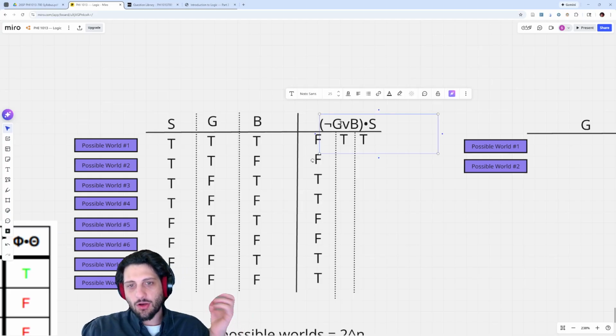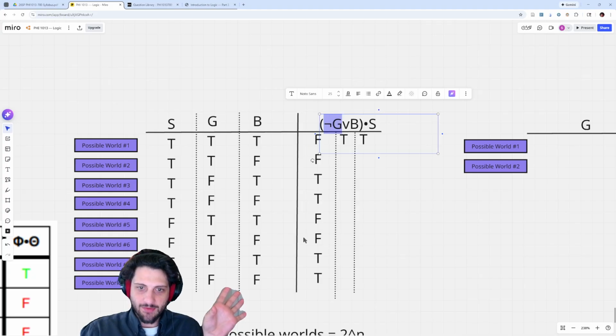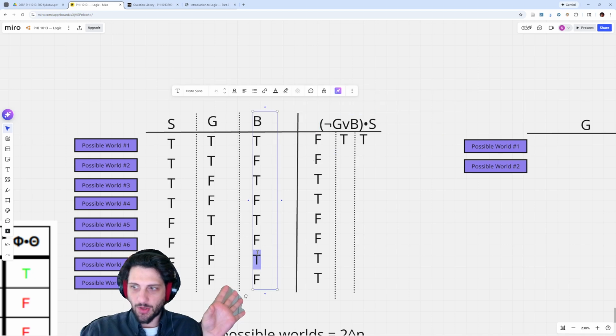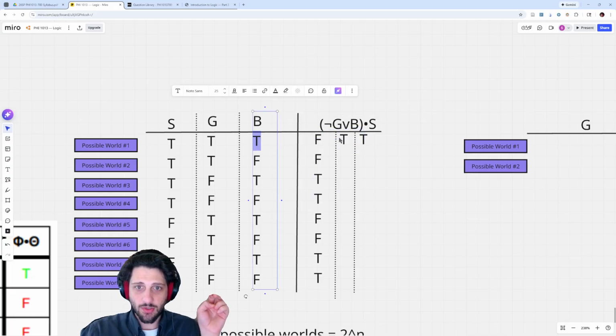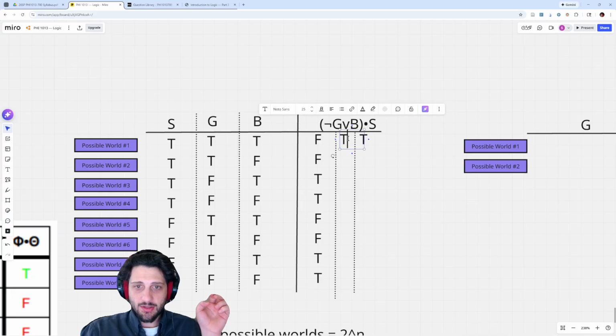And so now I can think, in each of these worlds, what's the value of this component, not G or B? Well, I know that not G has these values all the way down, and B has these values all the way down. In the first world, we already saw that you had a false on the left, but you did have a true B, so we were good. How about in the second world?